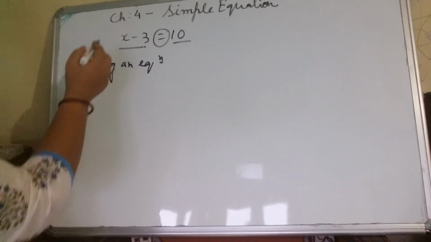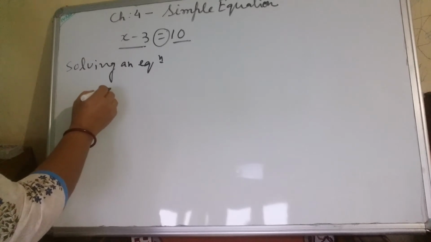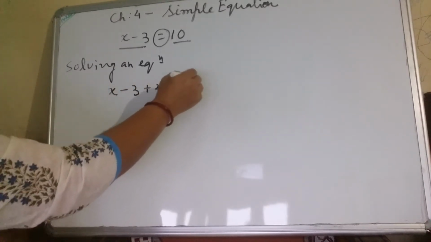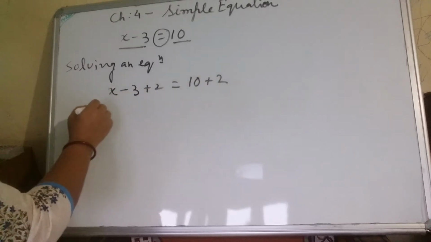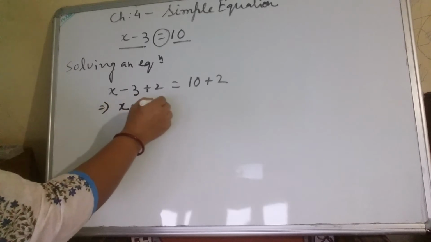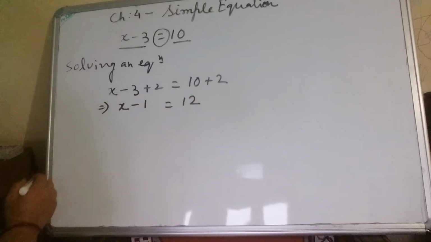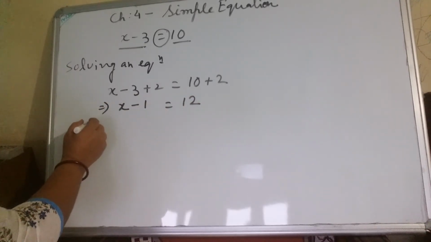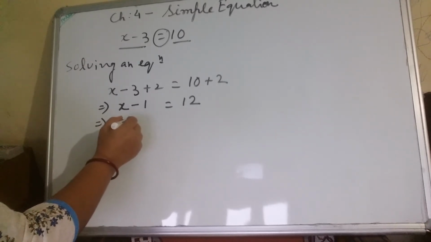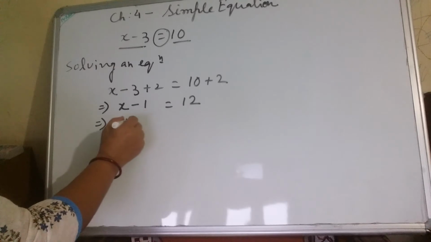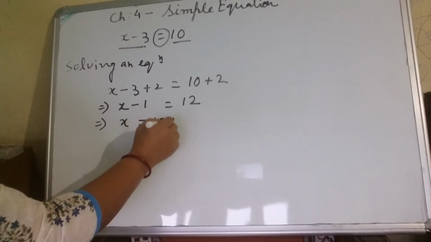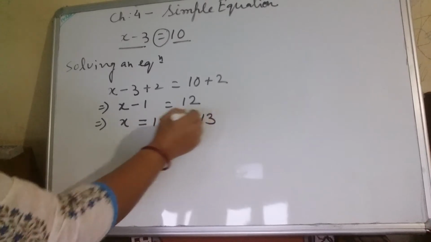If I add 2 to both the sides, so what is happening? x minus 1 equals 12, and x equals 12 plus 1, that is 13.